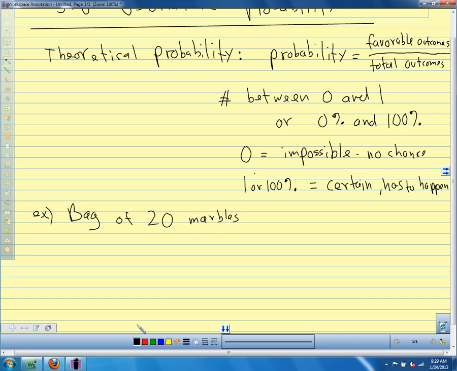And we're going to say we have 5 red, 5 blue, and 10 green. And we're just going to calculate 3 probabilities. We reach in, we pull out 1 marble, and we pick a red.